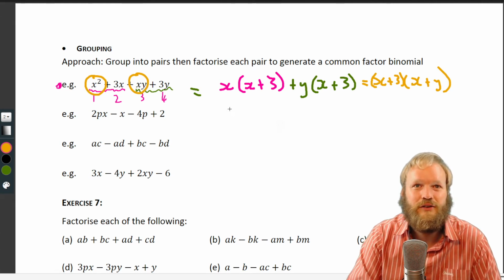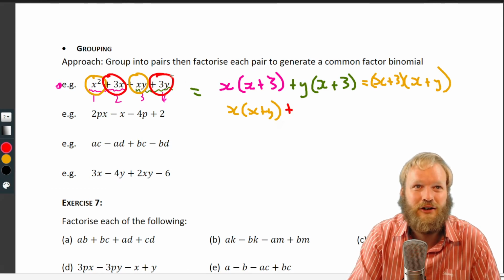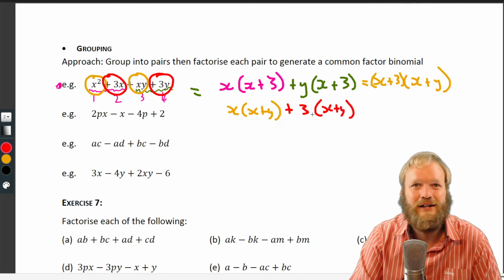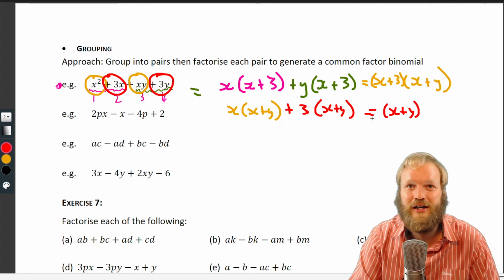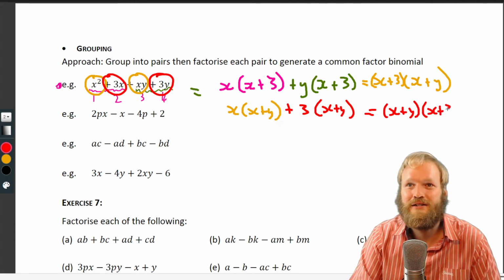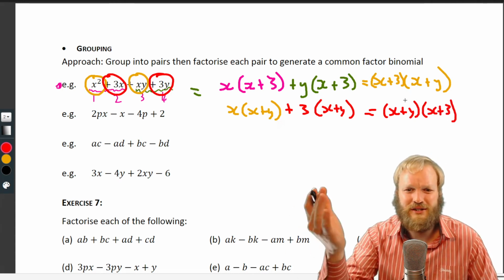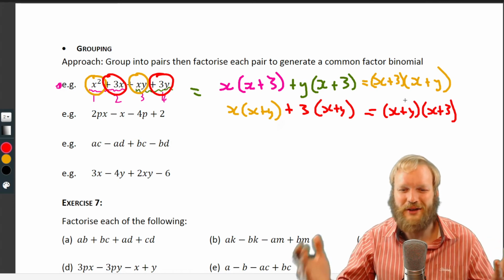So we could take out an x and be left with x plus y. Maybe you can see where this is going, because in our other two terms, our 3x and our 3y, there's a 3 common, and look at that. X plus y is common, so you take x plus y out and you're left with x plus 3. So sometimes it didn't really matter which way we went. What do you think of that?